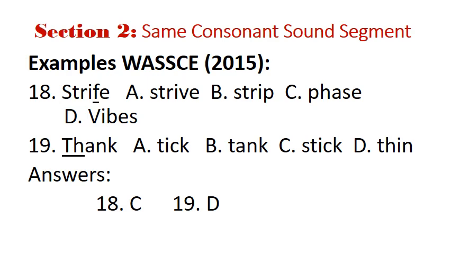Option D, T-H-I-N, thin. So let's match the options. Thank, thin. Option D is the correct answer, because that is the option that contains the sound th as contained in the given word.